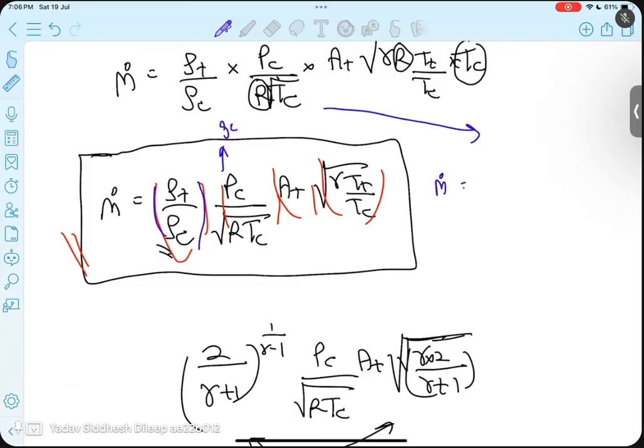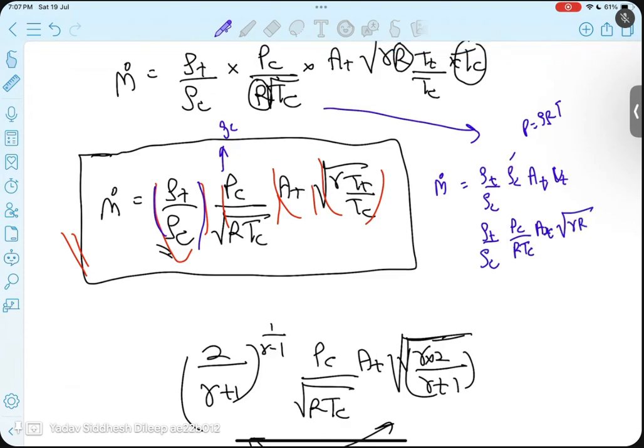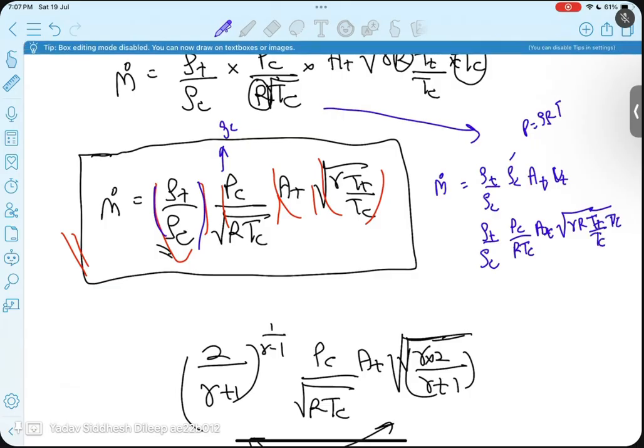M dot equals rho T by rho C into rho C into AT into VT. This will be PC by R TC, this will be AT, and this will be under root of gamma R TT divided by TC multiplied by TC. Just manipulation.